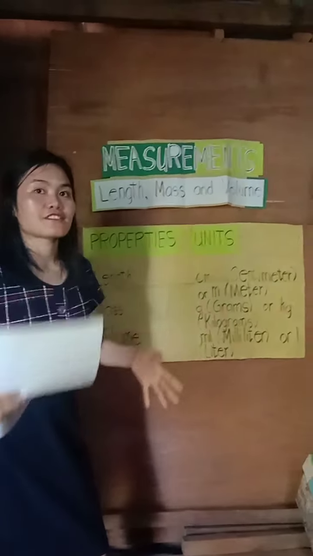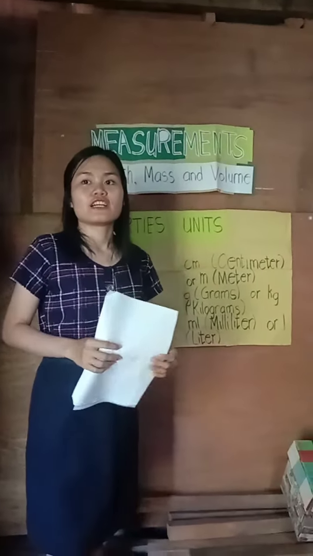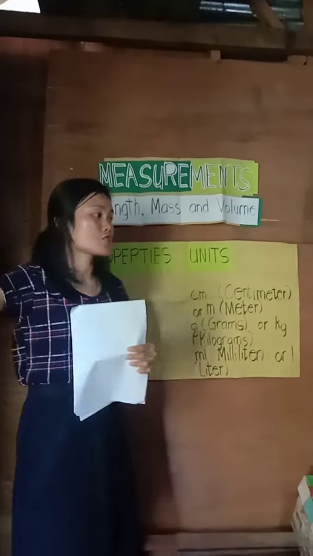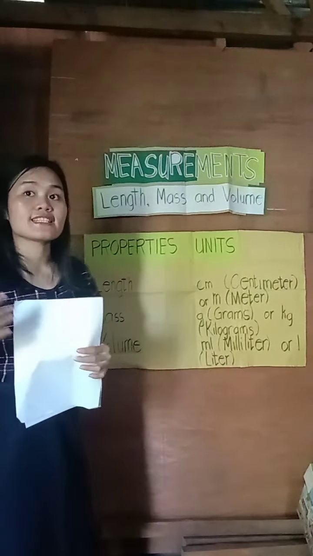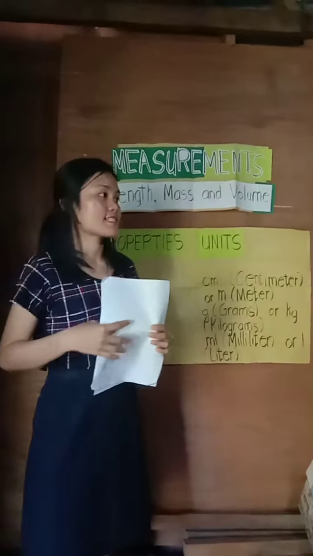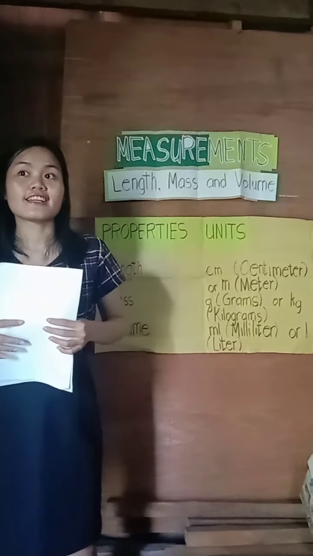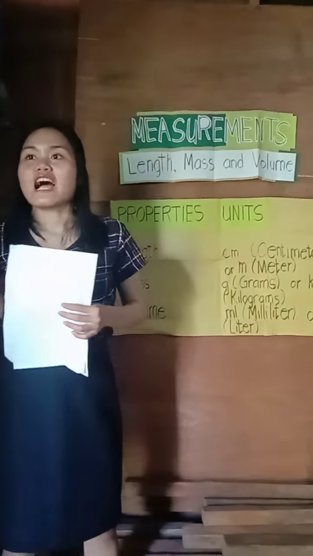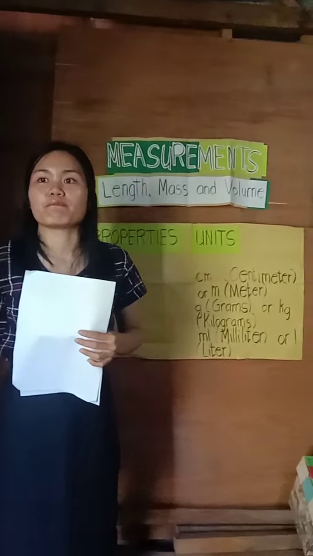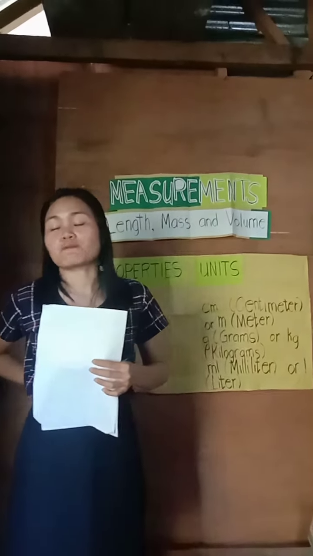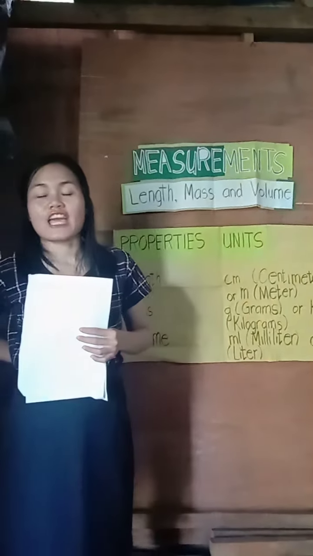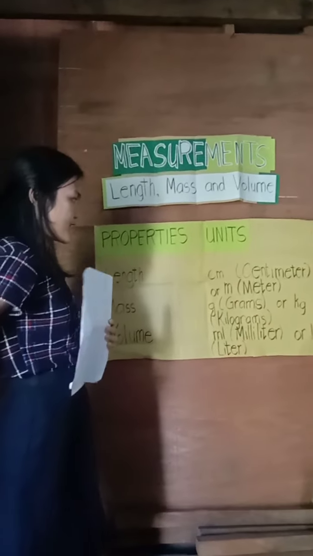Okay? So is everything clear? No questions, no clarification with regards to why the answer is letter A. How about the letter B? Do you have any questions why letter B is not correct? Okay, I'm glad that there are no more questions.